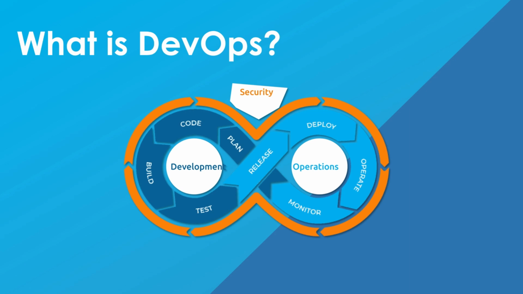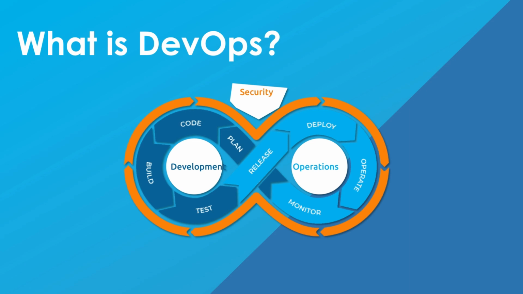The full form of DevOps is a combination of development and operations. It enables organizations to better serve their customers and compete better in the market. Simply put, DevOps can be defined as the alignment of development and IT operations with better communication and collaboration.